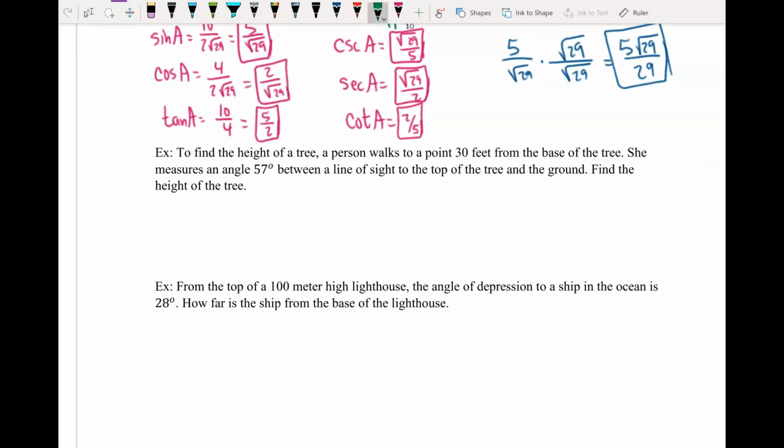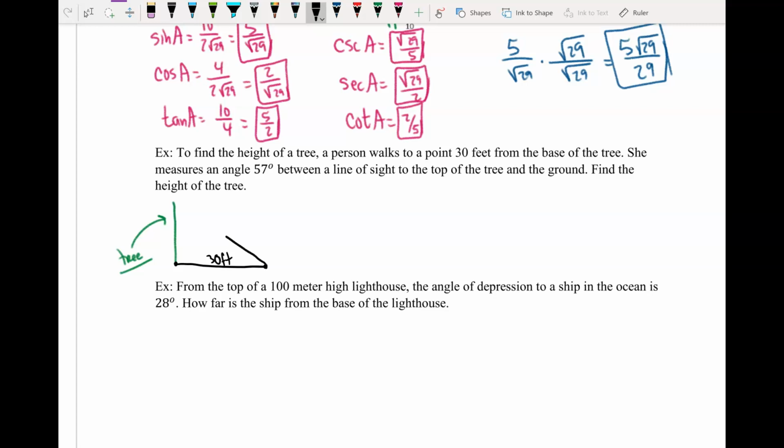All right, so here we have an application problem. We have a tree. So let's say here's my tree. Label that tree. And you've got this person who measures a point 30 feet from the base of the tree. So here's the base of the tree, and I travel over 30 feet. And she measures an angle between the line of sight to the top of the tree and the ground.